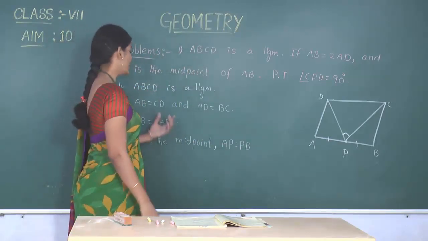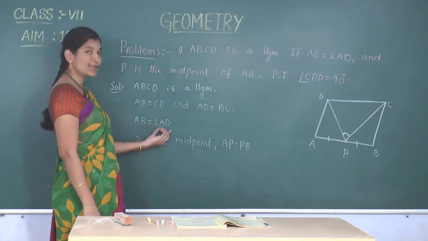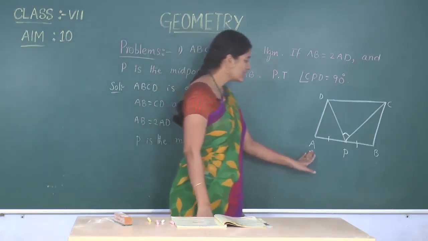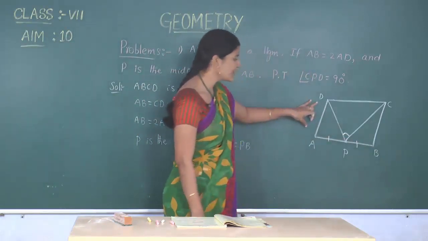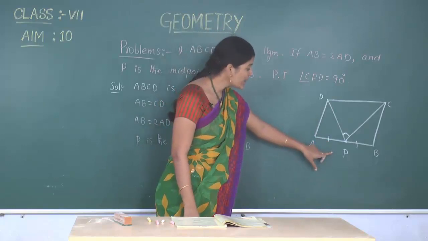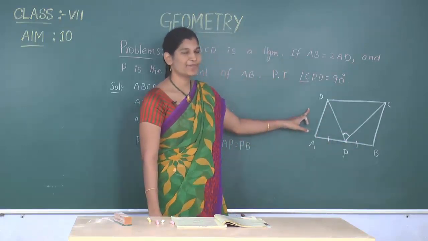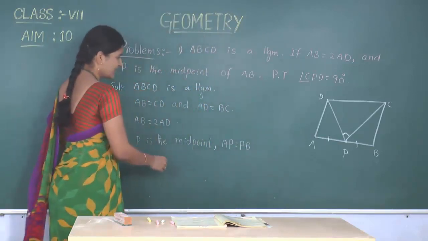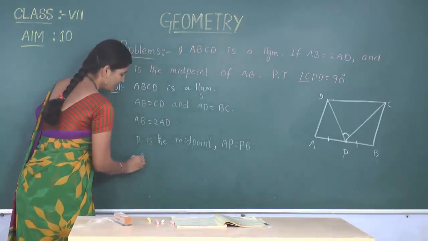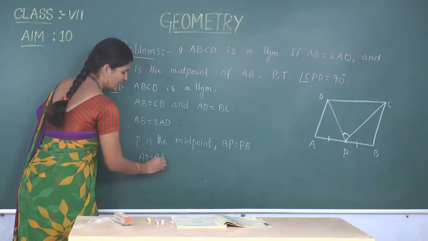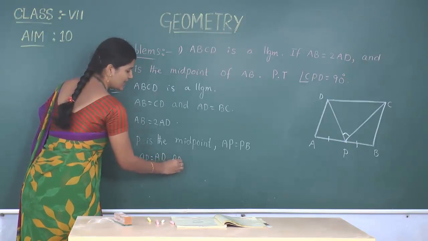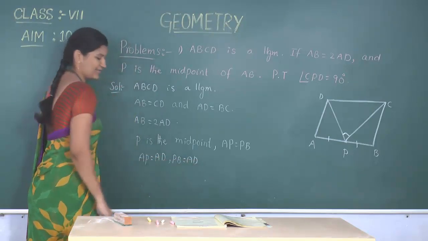See now, here they given AB is equal to 2 AD, means this full AB is equal to 2 into AD, means AP is equal to AD, PB is equal to AD, we can write now? Yes. So I can write here AP is equal to AD and PB is equal to AD.